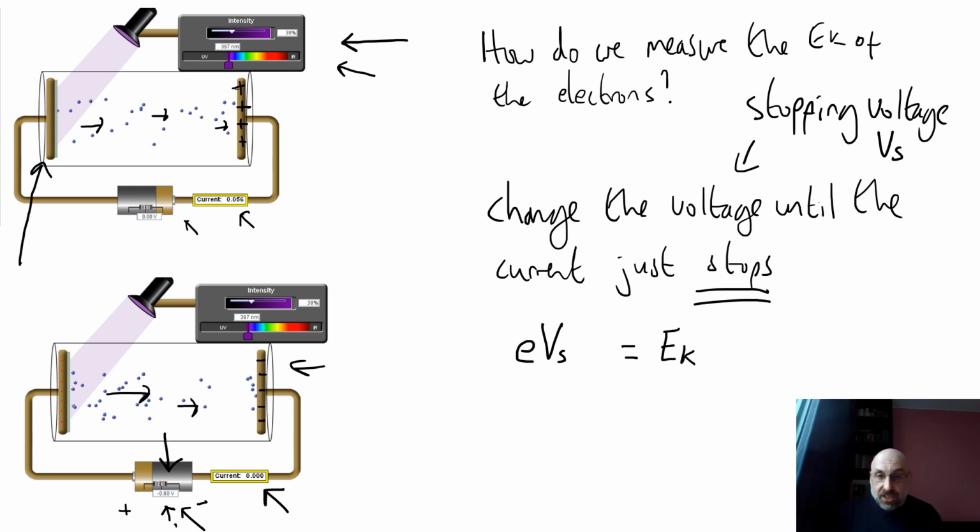So remember when we did the equations a while ago, and we said that the energy going in, so hf, equals the work function plus the kinetic energy. And I also told you that we could write it like this. We could have the work function plus charge of the electron times the stopping voltage.